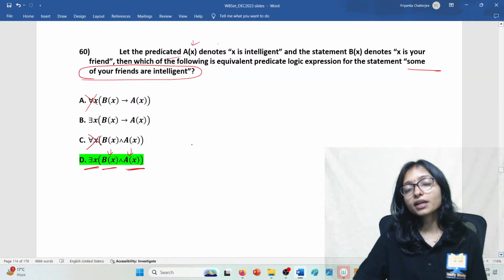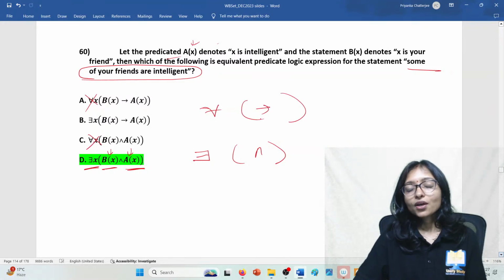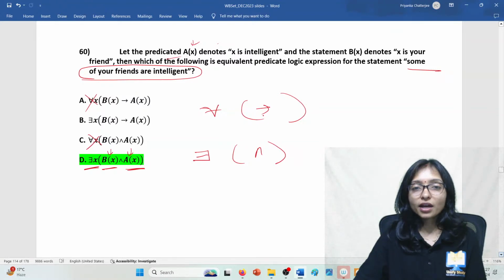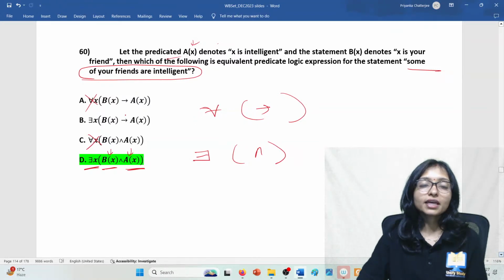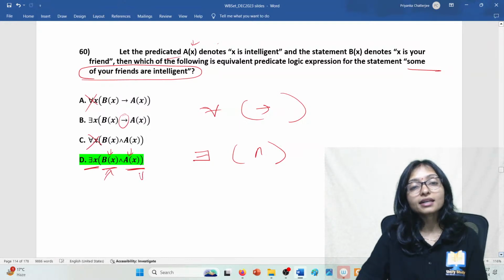So always remember, this is a trick I am telling you. With the there exists, always and is useful. And with the for all, always this implies is useful. Using this trick, most of the predicate logic you can do. Here you will be confused: this is implication, and this is and, meaning this one and this one.